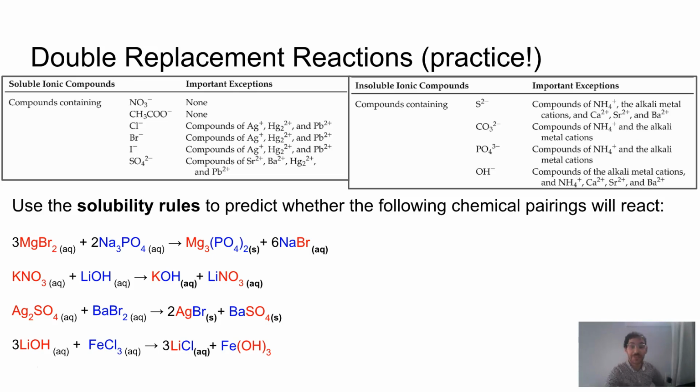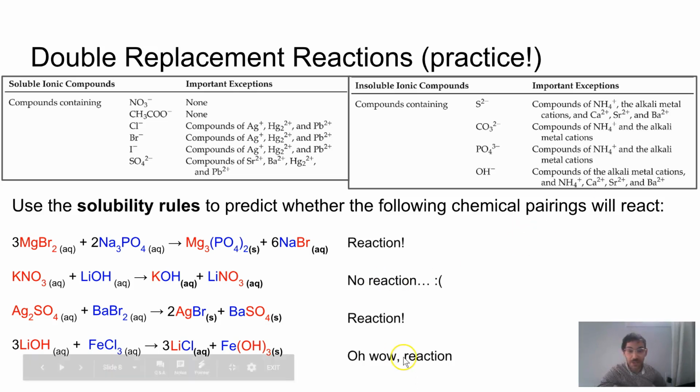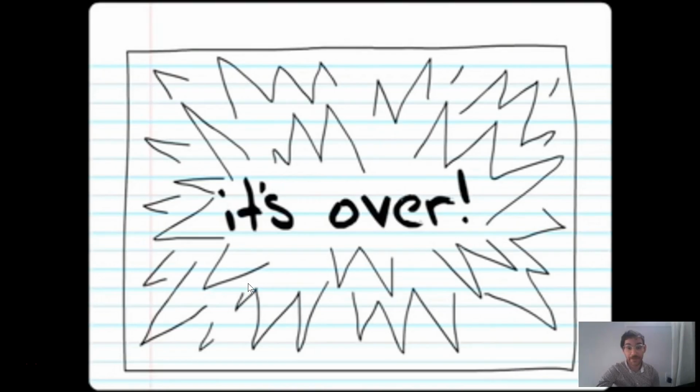And our iron hydroxide, well, hydroxides are generally insoluble unless they're partnered with these, and iron is not one of those. So this iron hydroxide will form a solid. It's iron(III) hydroxide. Anywho, we got a reaction, no reaction, reaction, and oh wow, a reaction, because we have solids being formed in these. Here, no solids, no changes.